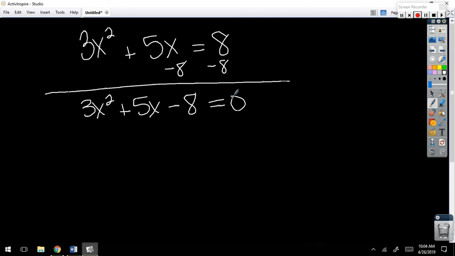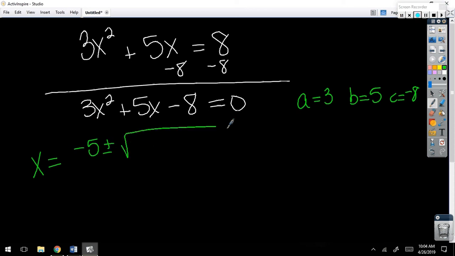All right, here we go. What is A? 3. B? And C? Negative 8, okay? Now, all we're going to do is literally take this formula and plug in. So, opposite B would be what? Negative 5 plus or minus the square root.